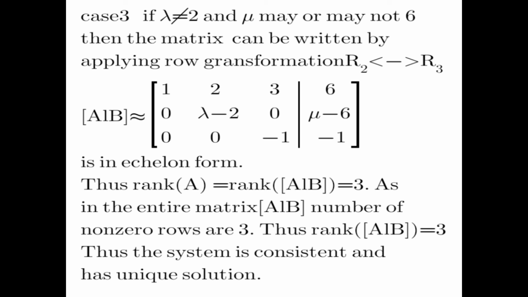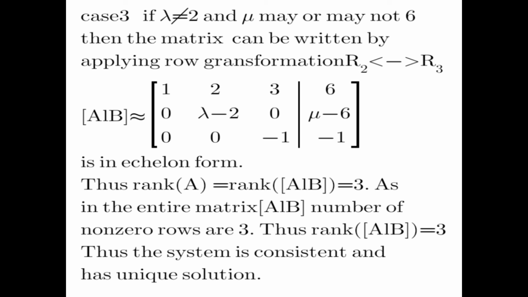And after writing it in the echelon form, you may note that as lambda is not equal to 2, lambda minus 2 is non-zero, and this minus 1 in the third row lies to the right of the leading non-zero element in the second row.